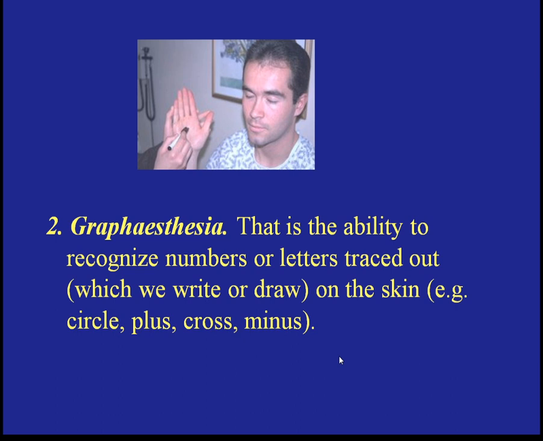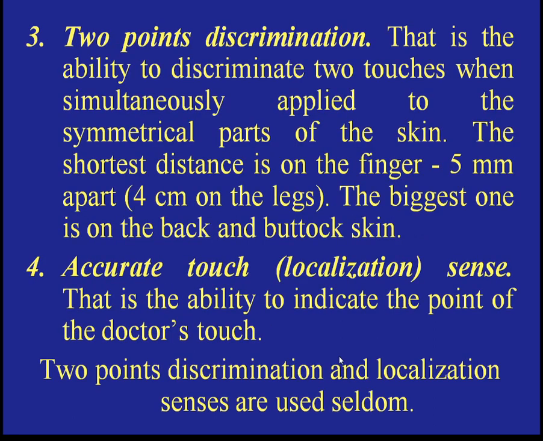Graphesthesia, that is the ability to recognize numbers or letters traced out, which we write or draw on the skin, for example, circle, plus, cross, minus. 2-point discrimination. That is the ability to discriminate two touches when simultaneously applied to the symmetrical parts of the skin.